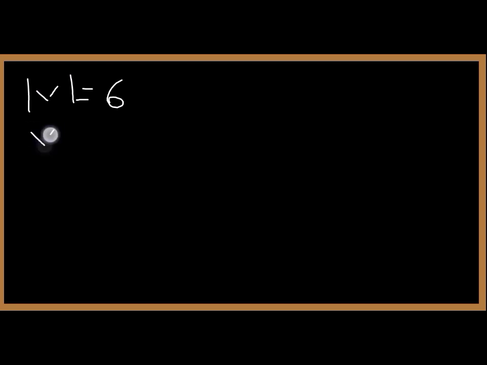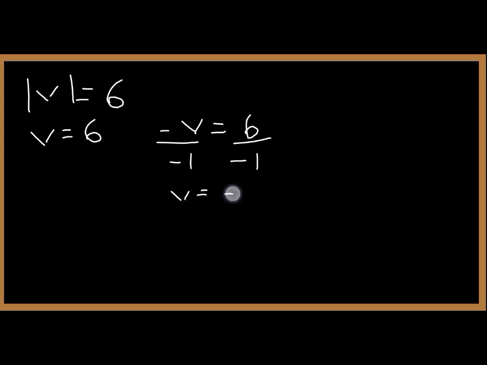So v is equal to 6, and then negative v is equal to 6. Then let's divide both sides by negative 1. So our v is equal to negative 6. So our set of solutions is 6 and negative 6.